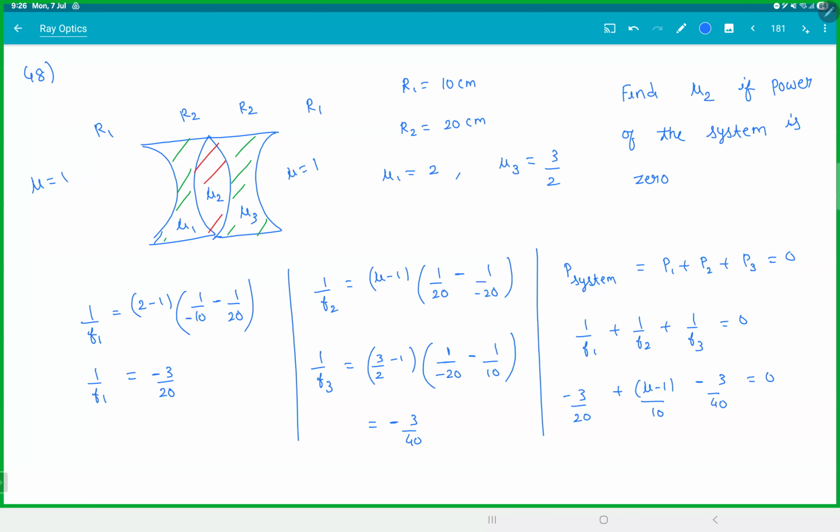This will be how much? 3 by 20, 3 by 40. Multiply by 2, 6, 9 by 4, plus 1, 13 by 4. Check.